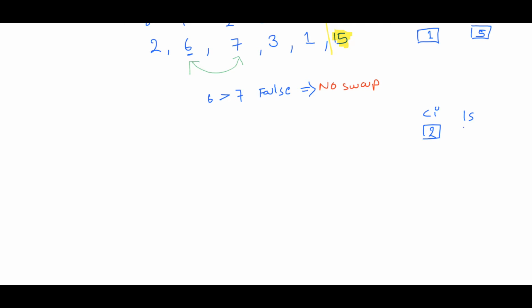We're just going to increment our CI to 2. Our LS is pointing to 5, which is the lowest sorted, in case you forgot. So at this point we would compare 7, which is where our current index is pointing, with 3. 2, 6, 7, 3, 1, 15.